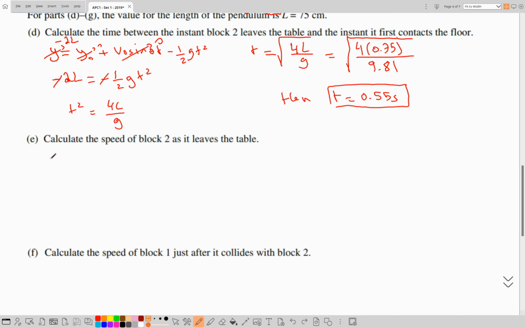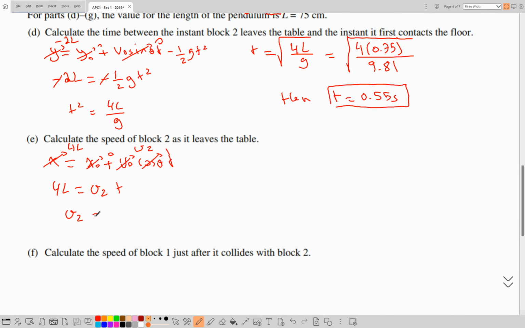Then in this case I would say that x is equal to x0 plus v0 cosine theta t. Now cosine theta would be 1, x0 would be 0, x would be 4L, and v0 in this case I'm going to name v2. Then 4L is given by v2 multiplied by t, and we have the value of t, which is 0.55 seconds.